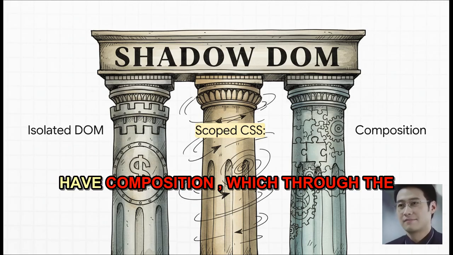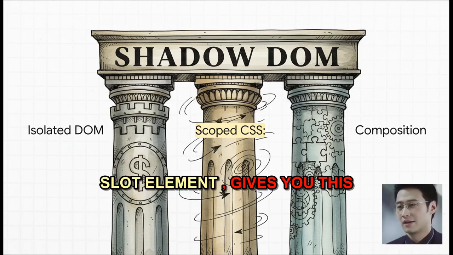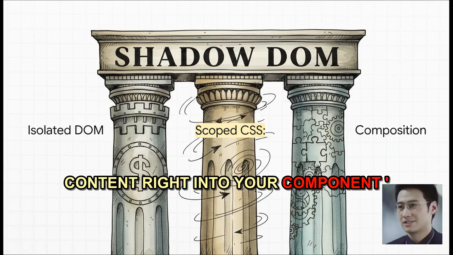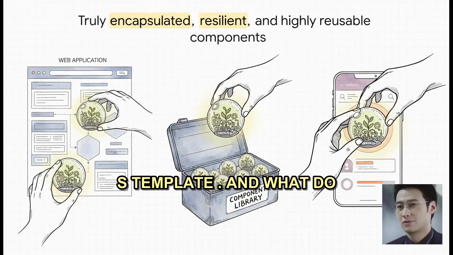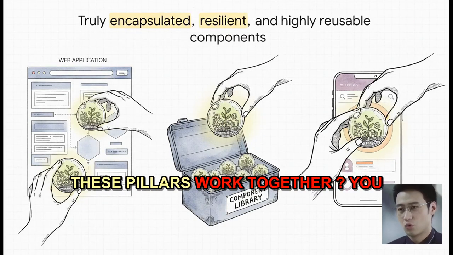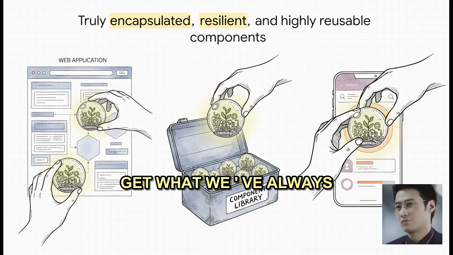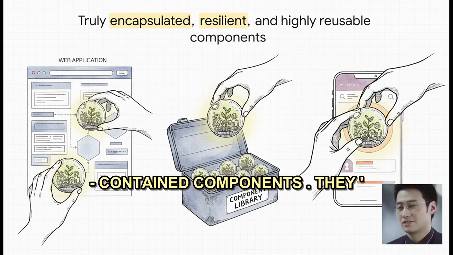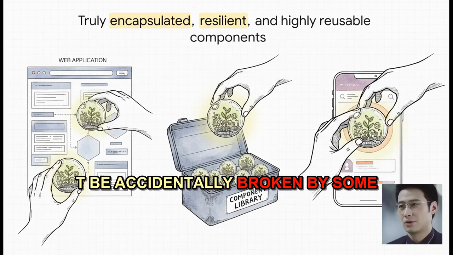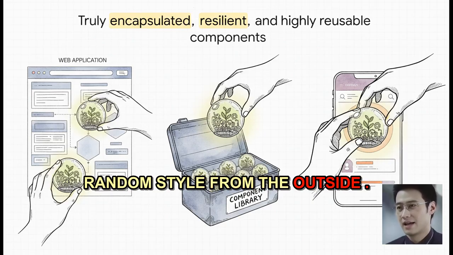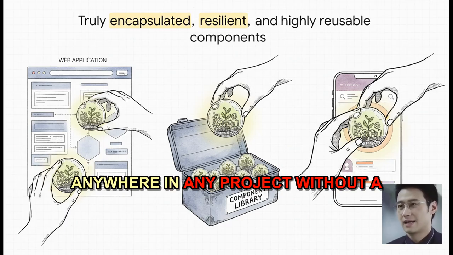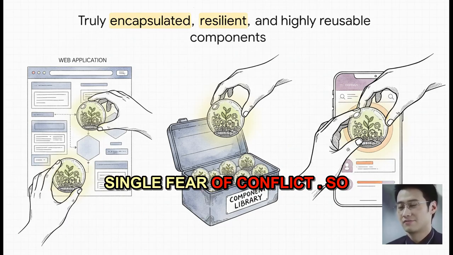And third, you have composition, which, through the slot element, gives you this beautiful declarative way to mix user content right into your component's template. And what do you get when all three of these pillars work together? You get what we've always wanted as developers: truly self-contained components. They're resilient because they can't be accidentally broken by some random style from the outside. And they're incredibly reusable because you can just drop them anywhere in any project without a single fear of conflict.